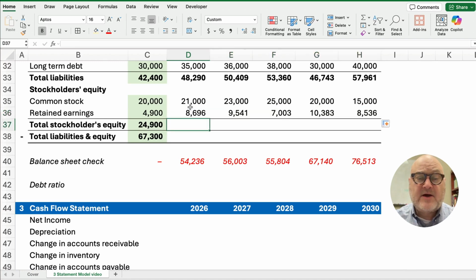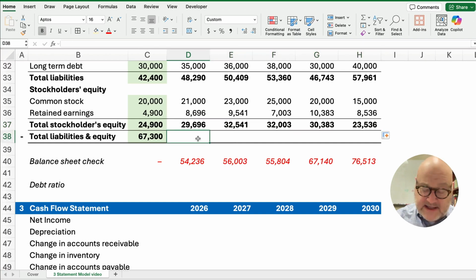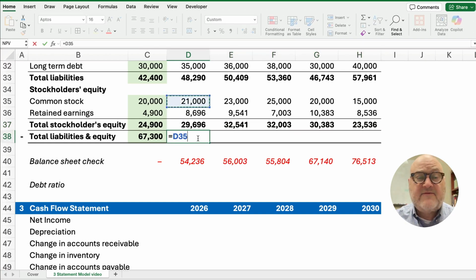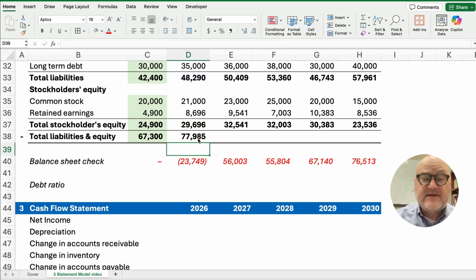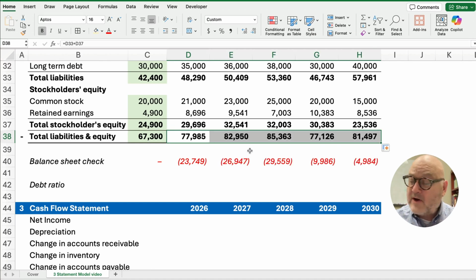Now our total stockholders' equity is going to be those two numbers. We can copy that across. Our liabilities and equity are going to be the 42 plus the 29, so that's going to be 77,985. Copy it all the way across.